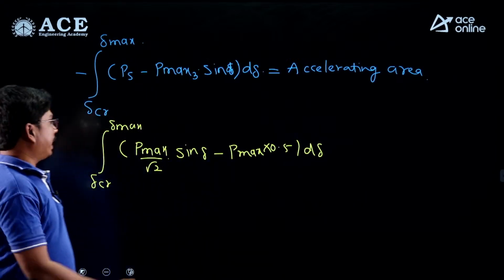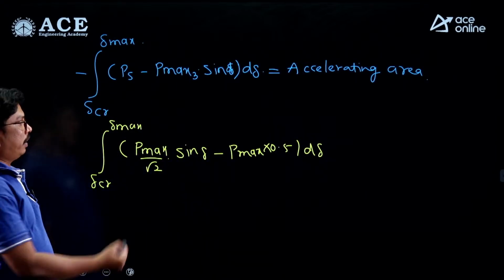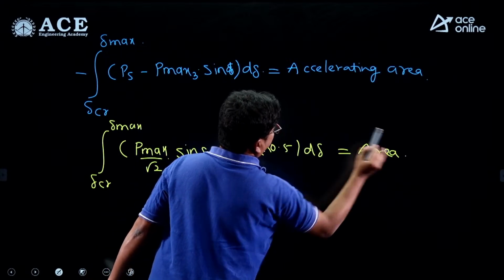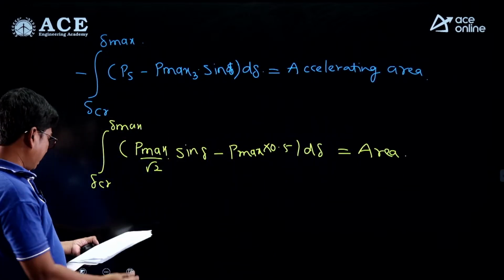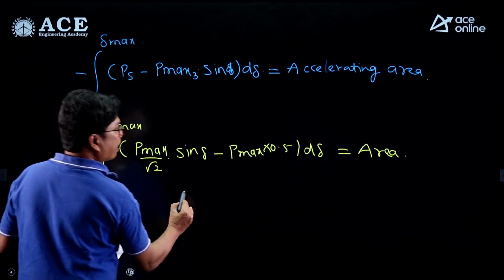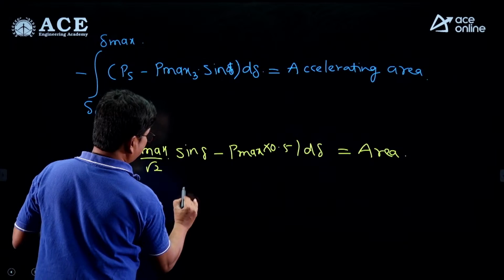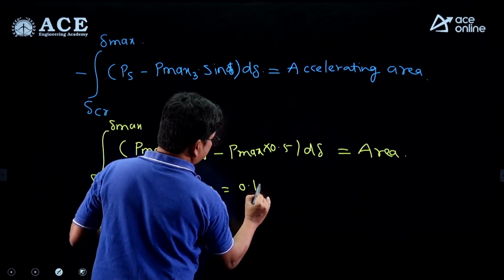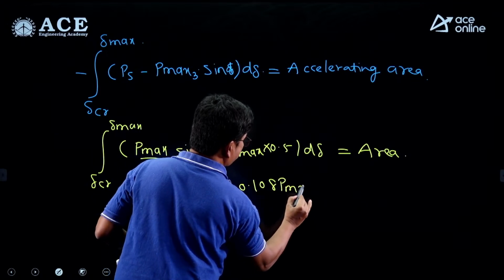Integrating this, we will get the value of this accelerating area in terms of P max, approximately 0.108. So the area that we are going to get is 0.108 P max.